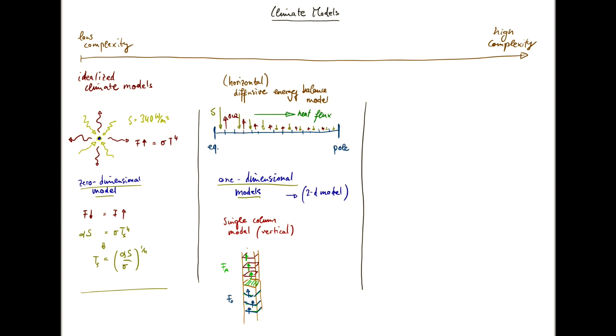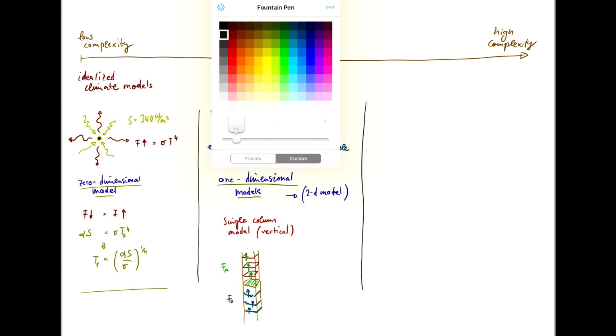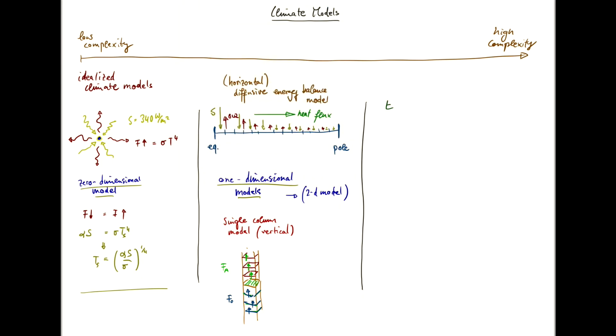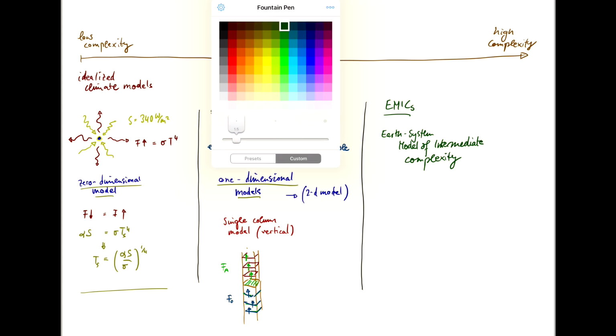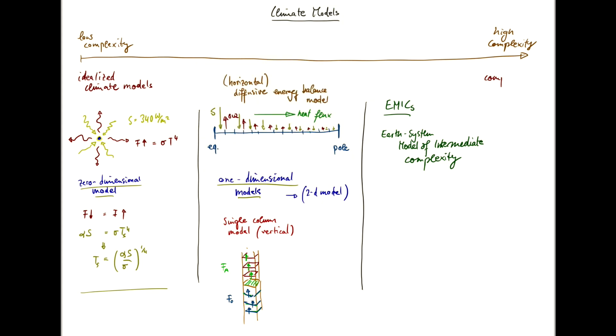The next set of models I wanted to talk about are so-called EMICs. EMICs are Earth system models of intermediate complexity. This is where we're starting to go towards comprehensive climate models, which is on the other end of the spectrum compared to idealized climate models.